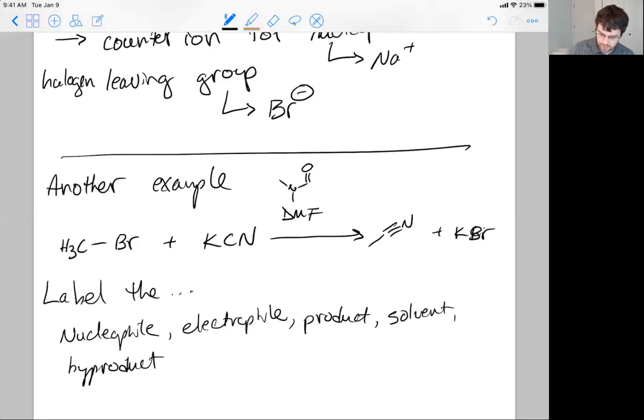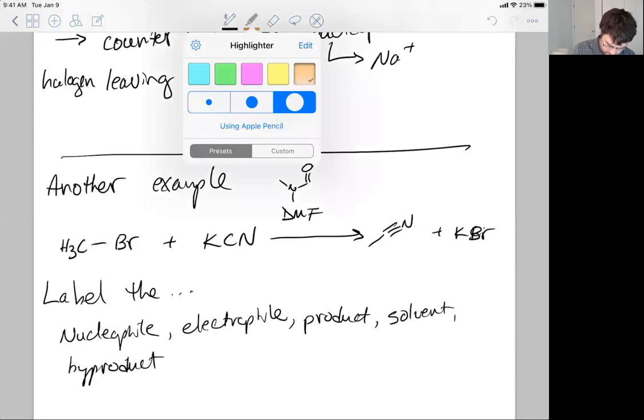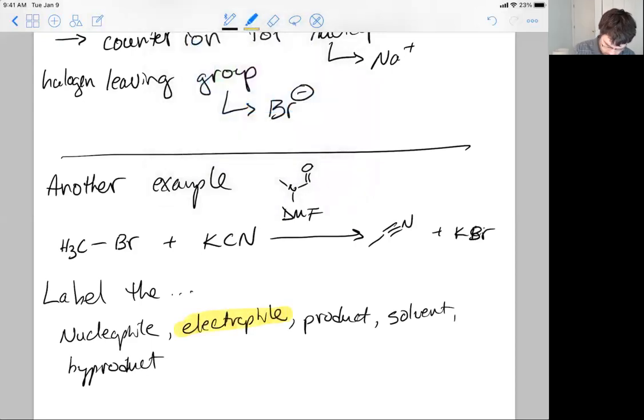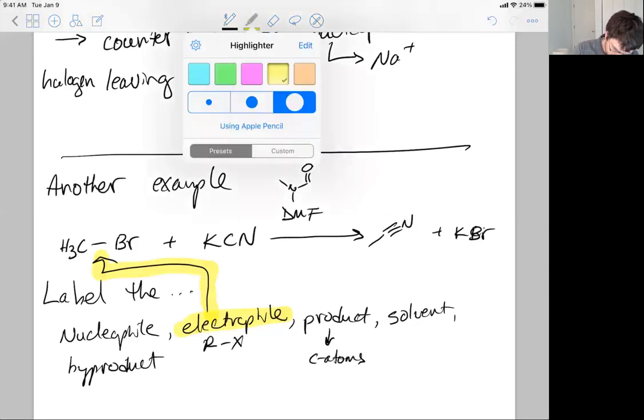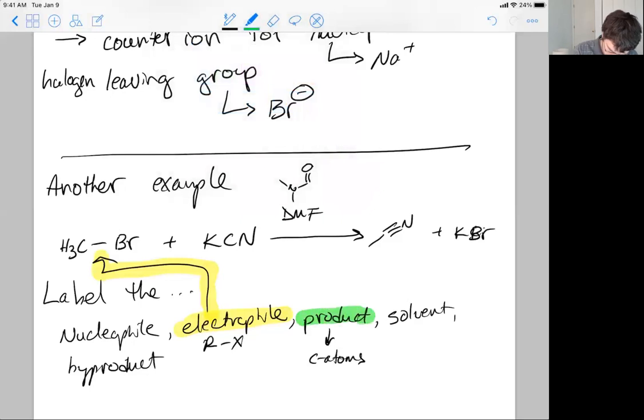Okay, so the electrophile is the haloalkane, so that's RX, and that's going to be the CH3Br. The product is going to have the C atoms, and it's on the right side of the equation, so that's going to go right here.